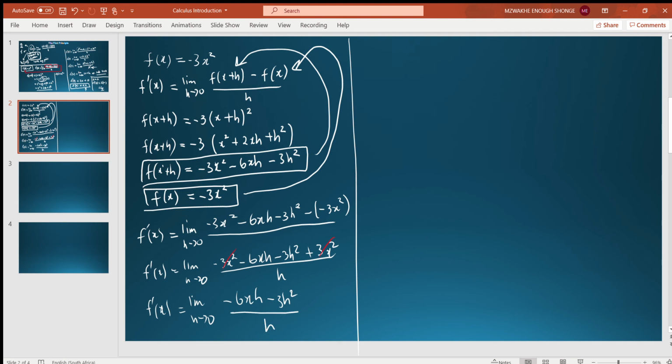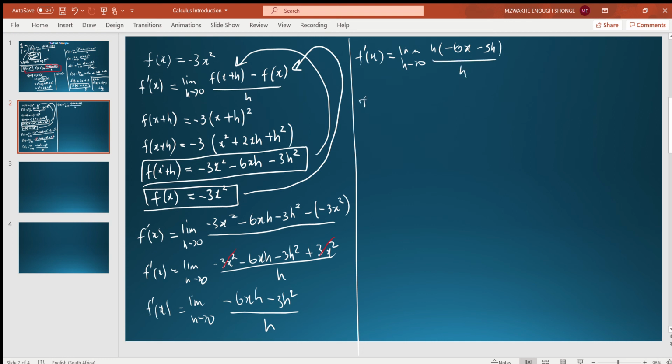Then f prime of x equals the limit as h approaches 0 of, you take h as a common factor, h times minus 6x minus 3h, all over h.